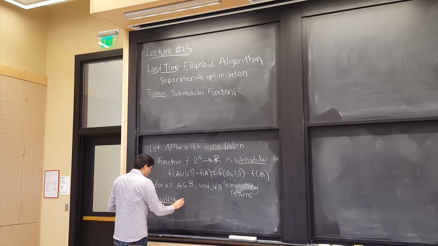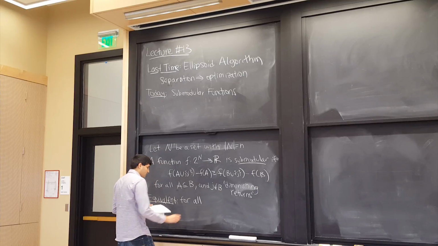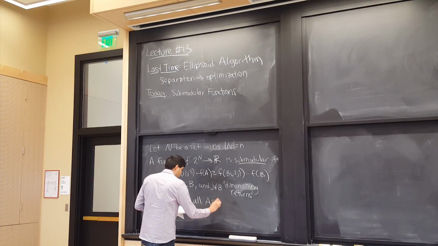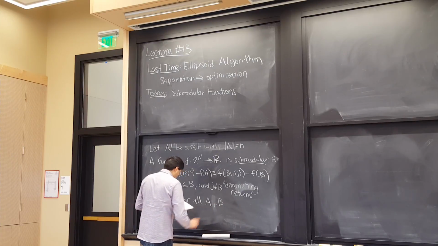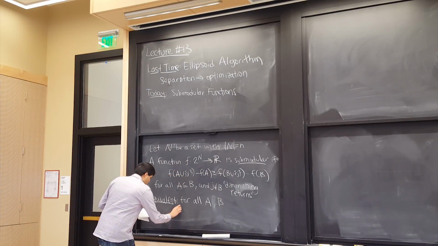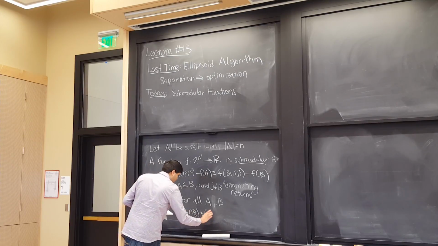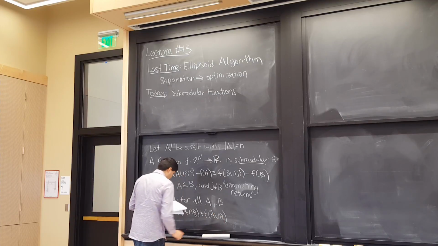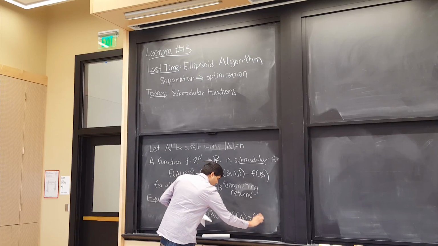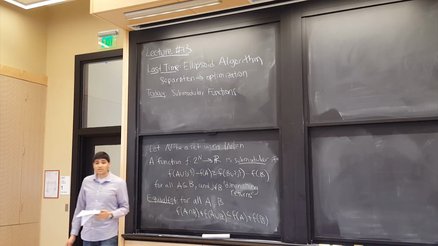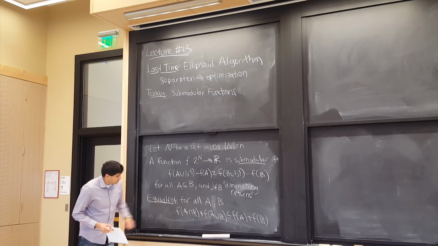This is actually the more standard definition: another way to think about what a submodular function is, is that for any pair of sets A and B, regardless of what they are, you'll have the property that f of A intersect B plus f of A union B is itself upper bounded by the sum of the two values on these different sets, f of A plus f of B. So this is oftentimes the standard definition for submodular functions.